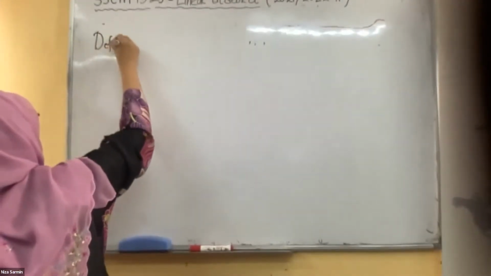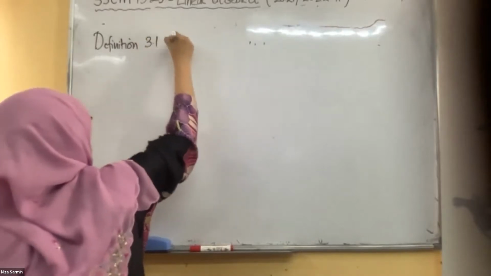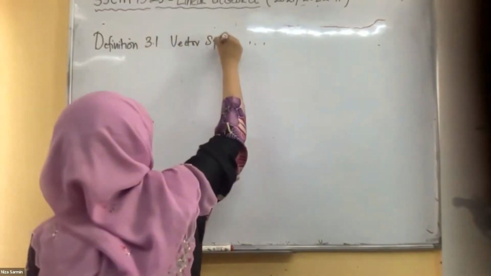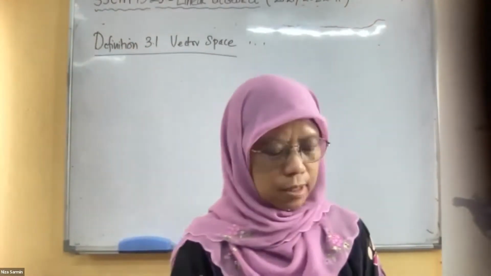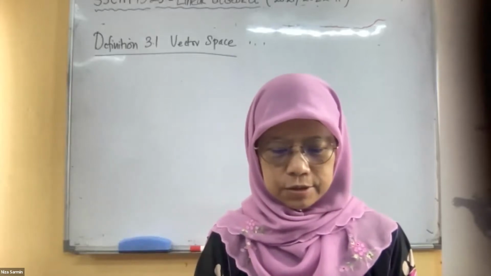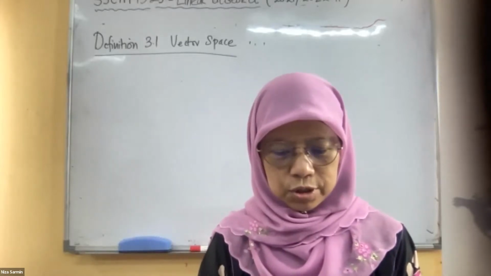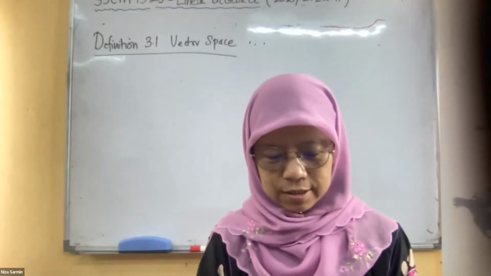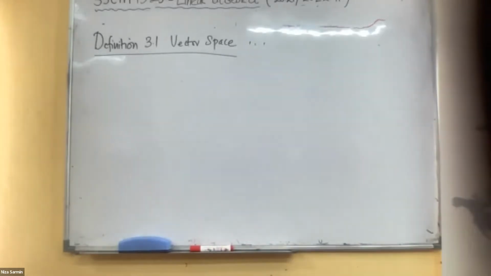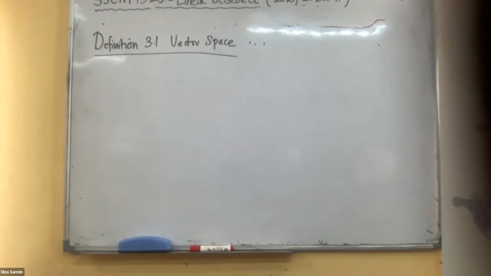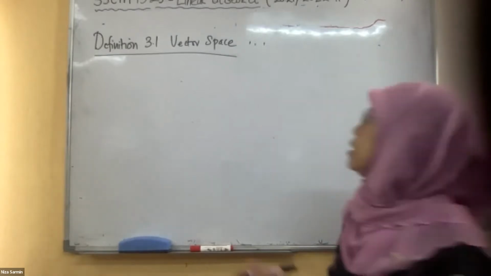Definition 3.1: vector space. Okay. Let me use the same notation, so I don't use a different one.